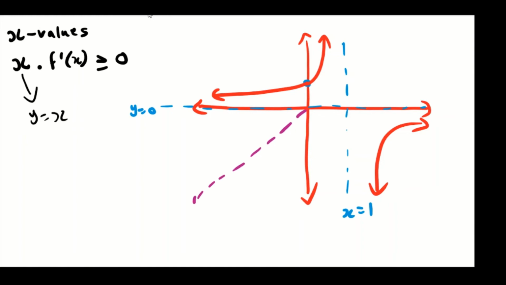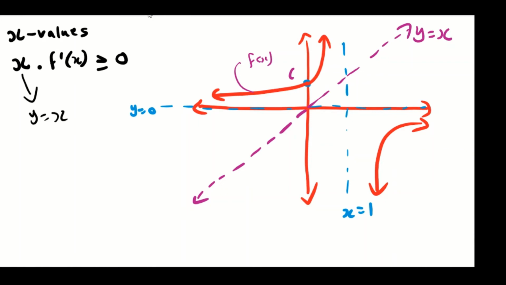So let's say this is the y equals x graph, right? So this graph is multiplied by the slope of f, so this is f of x, right? The slope of f means that we are literally looking at the gradient of the function f.